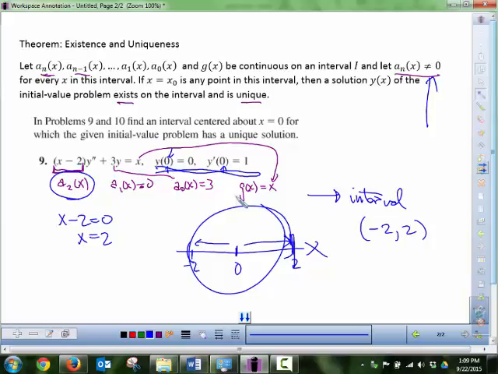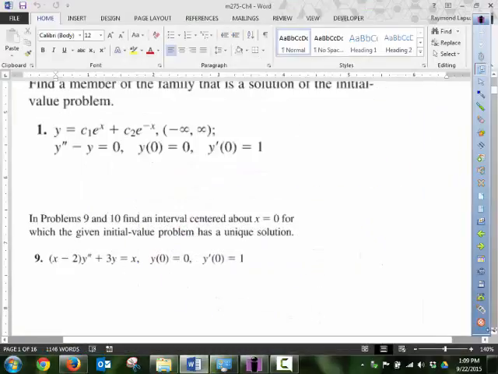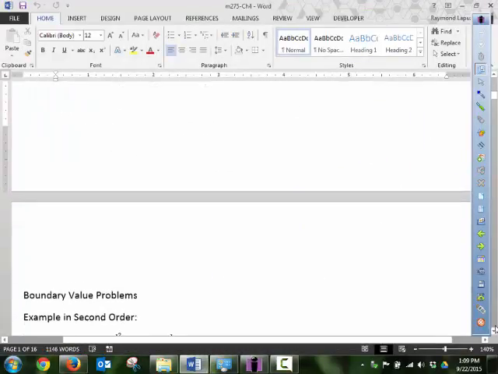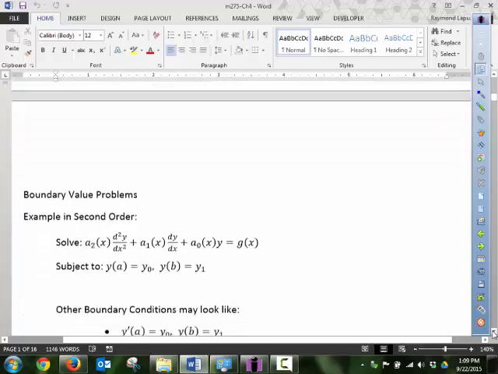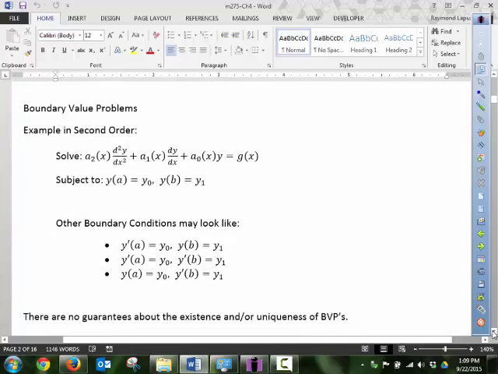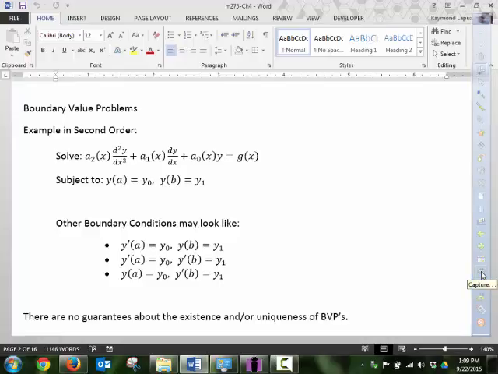All right, existence and uniqueness. Next is boundary value problems. So instead of IVP, initial value problems, they have what they call boundary value problems.